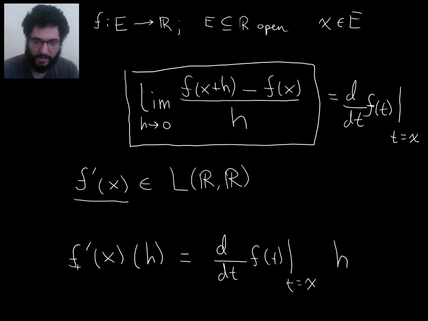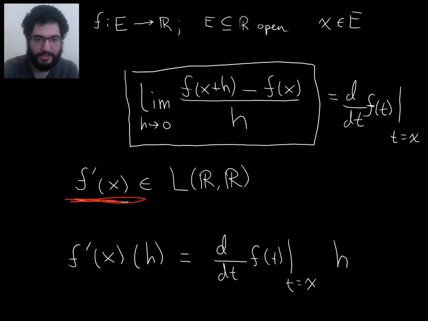It's that f prime x is a linear map that when applied to a vector, which is just a number here, outputs this scalar times the vector. Okay, so from now and for the rest of the course, we have two notations for derivatives that work in slightly different ways.